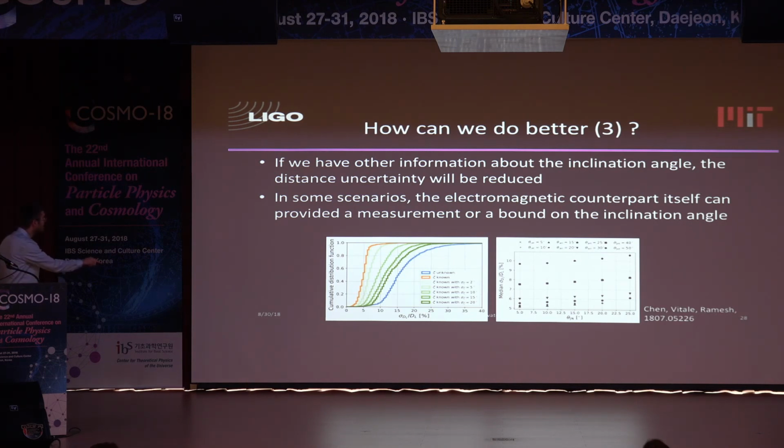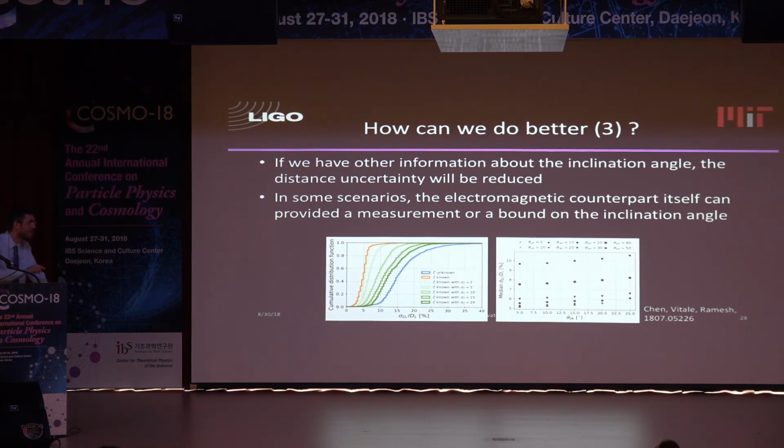And you can see that you can gain roughly a factor of 3 for each event on the uncertainty in the luminosity distance as you gain more and more information from the EM side on the inclination angle. So this is to say that in the next few years, as hopefully people who do electromagnetic modeling of cocoons or jets or whatever start believing more in their models and can tell us something about the inclination angle from the EM side, we can fold in that information and get a better constraint on H naught.